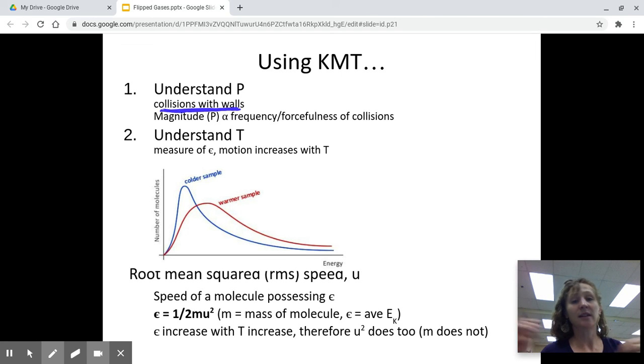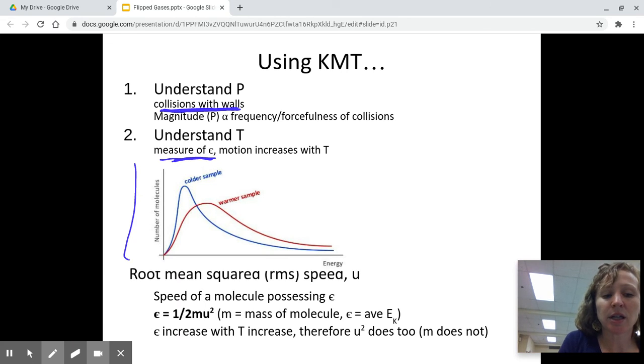If we sucked out all the gas all of a sudden and left a vacuum, that force pushing against the walls would be gone and our walls would just collapse in on us. So we can understand pressure as collisions with the walls. If we increase those collisions or the strength of those collisions, we're going to increase pressure. We can also use the kinetic molecular theory to understand temperature because temperature is a measure of the motion. As we increase temperature, we increase the motion of molecules also.